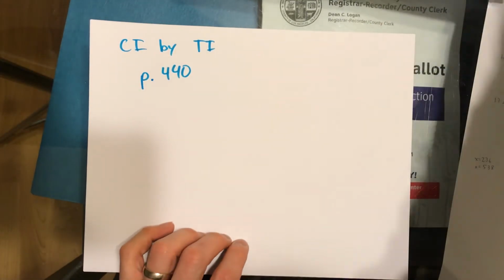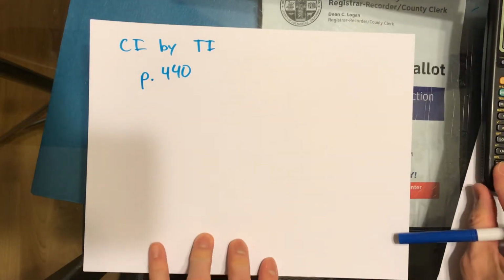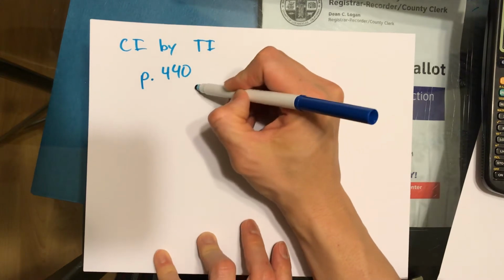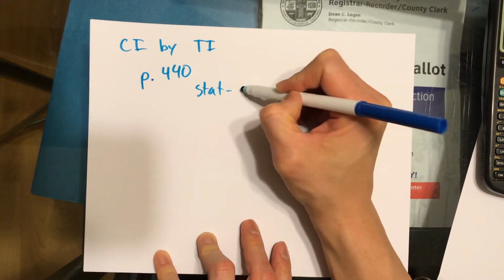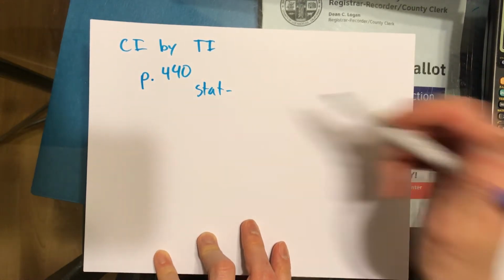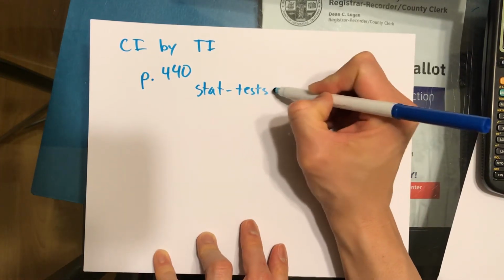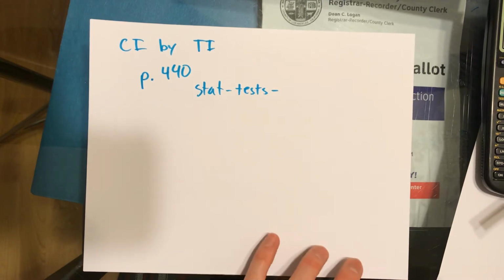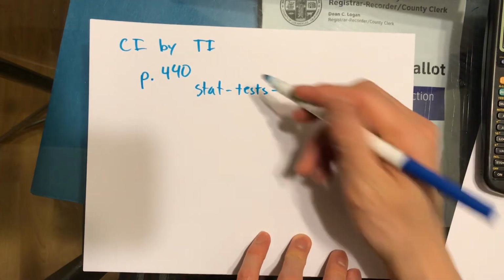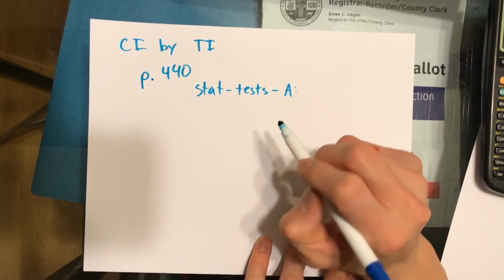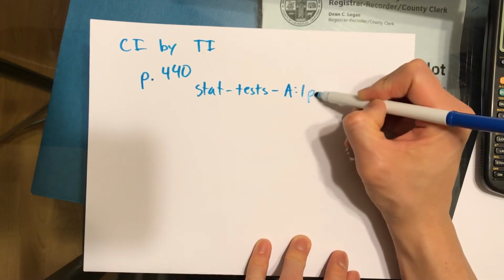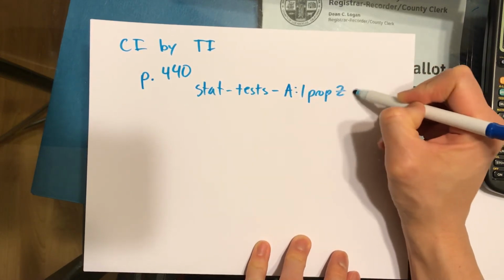So grab your calculators. We're gonna go to stat. And then we've never gone to this column now. We're gonna go to tests. And then you're gonna scroll. On my calculator, it's option A, but this might be different for your calculator. So one that says 1-PropZInt.